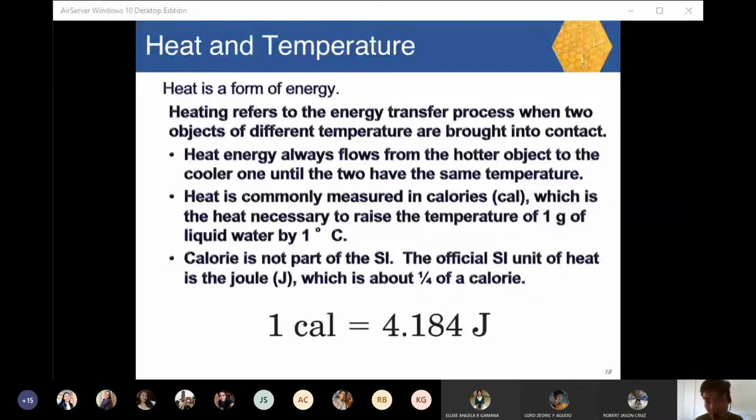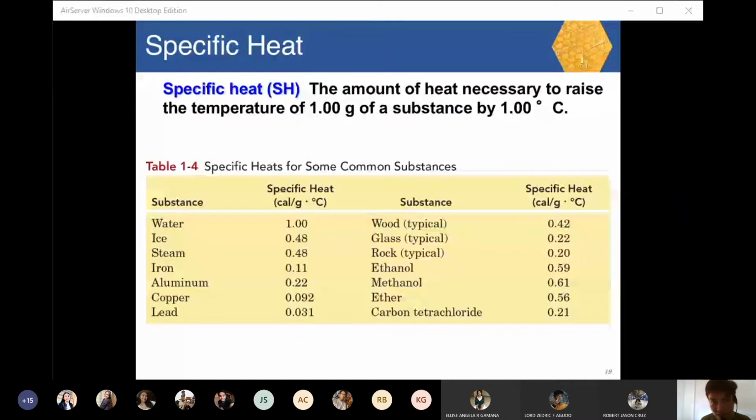So if you're going to convert calorie to joule, just use this conversion. Ano pa yung sabi natin kanina? For every object, they require a certain amount of heat in order for its temperature to increase by 1 degree. So, kailangan niya ng ganitong amount ng energy para tumaas yung temperature.